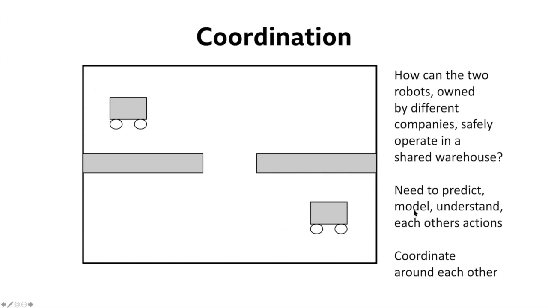That requires modeling and understanding, for example, that my goal can prevent the other agent from getting its goal achieved. By understanding these relationships, we can allow the two robots to coordinate themselves so that they can both get their goals achieved.